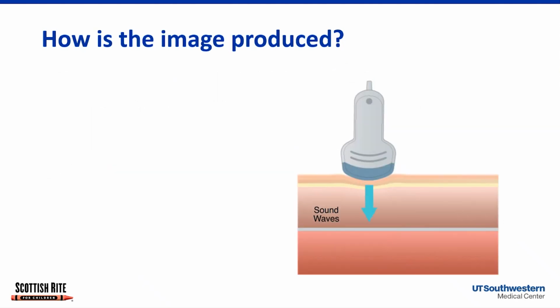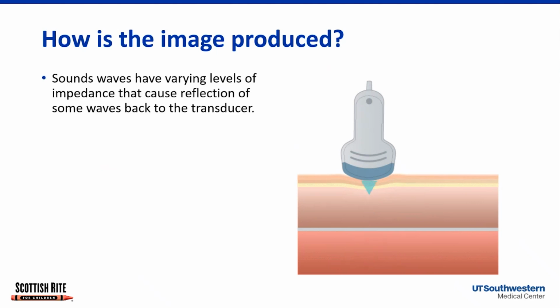So those sound waves are going out the end of your transducer there, okay? Then they interact with the various levels of tissue that you're scanning, that you're looking at, okay? And as you can see, some of those sound waves come back to your transducer, which is good. That's going to help you make the image, right? Some of them go through that initial tissue and go to deeper tissues, right?